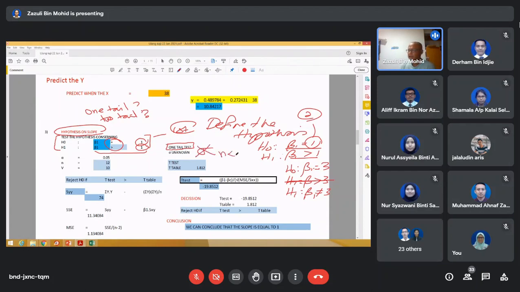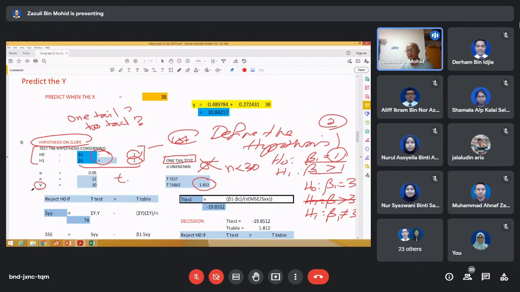The n is less than 30. So in this case, we are using the t-test. And from the table, we have 1.812. So the t is the, what do we call it? We call it the degree of freedom. Okay.